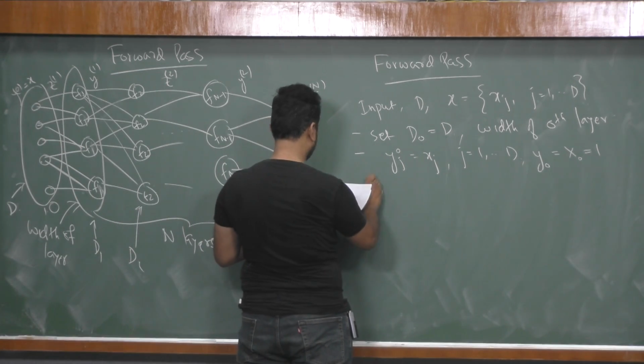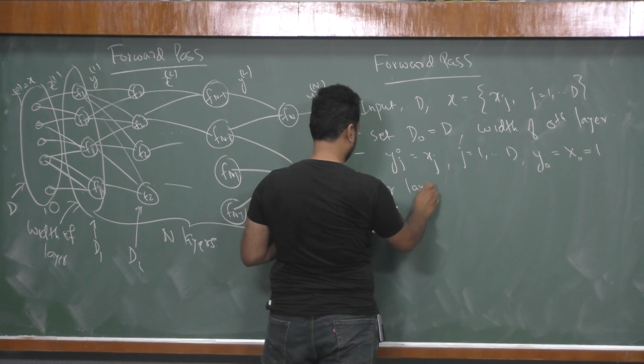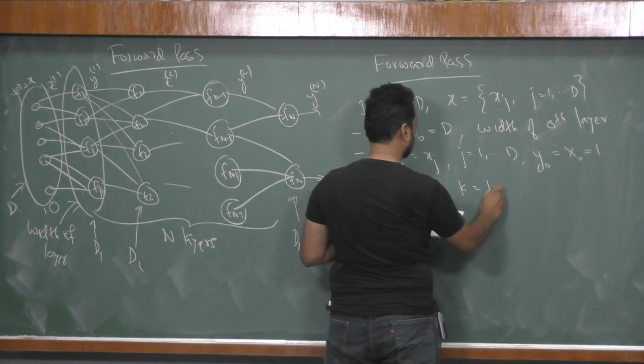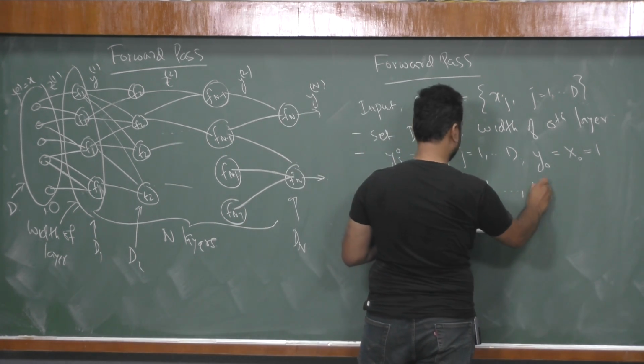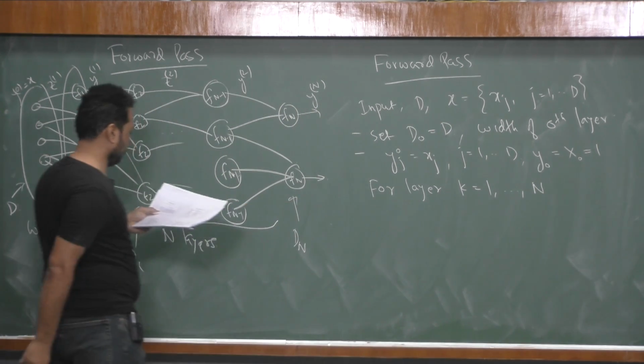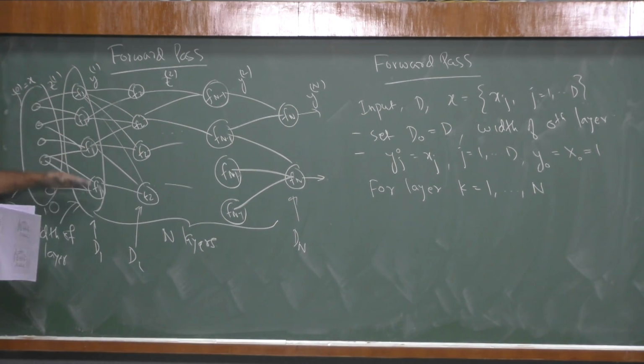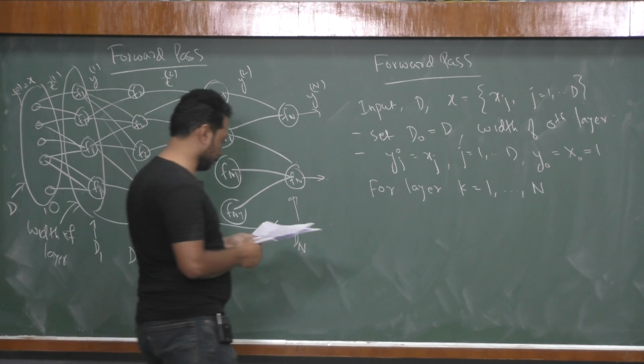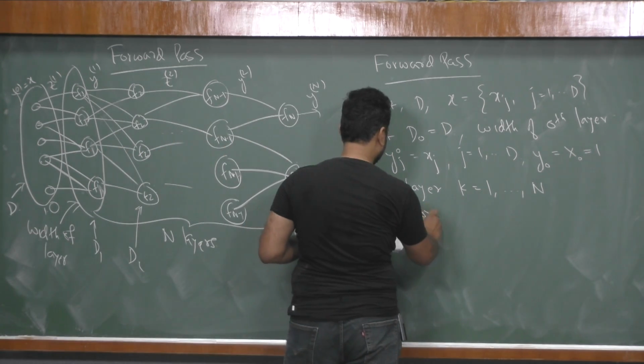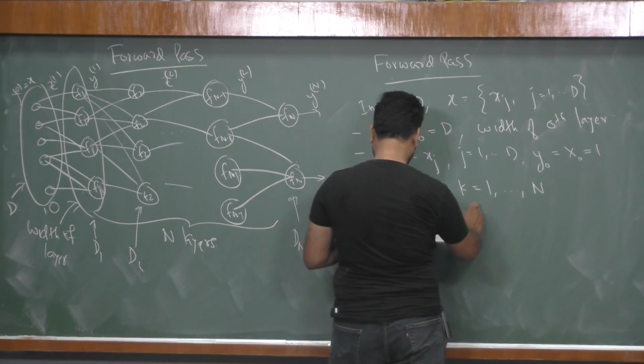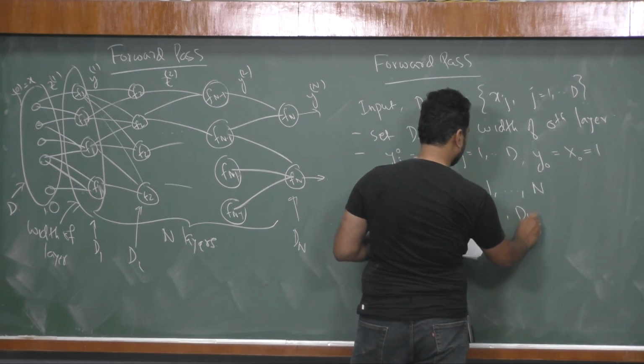For layer k equals 1 to N, where N is the number of layers, and within each layer we have these many calculations, so a for loop over j equals 1 to dk.